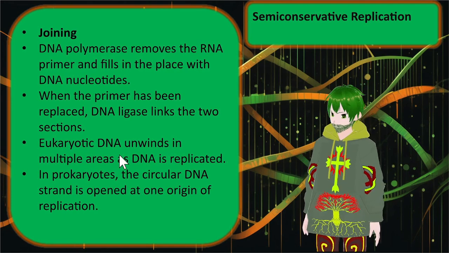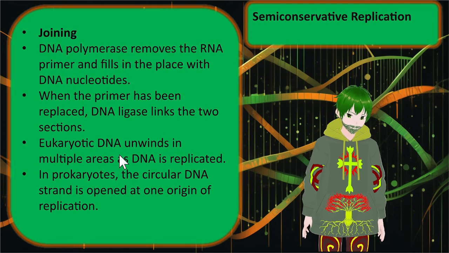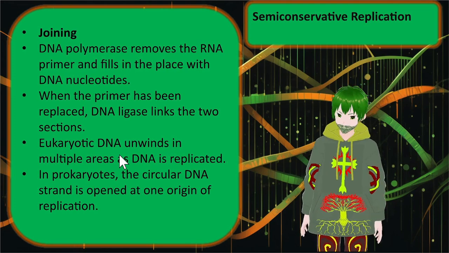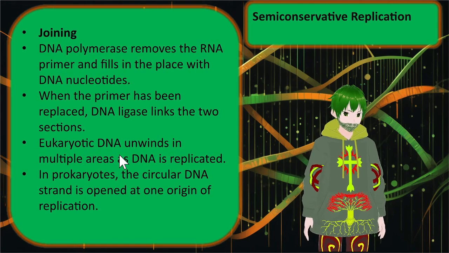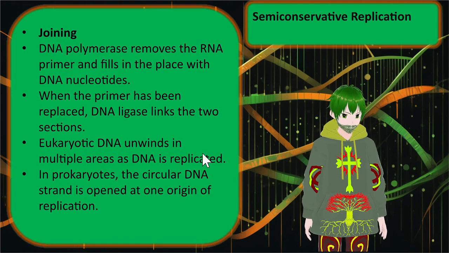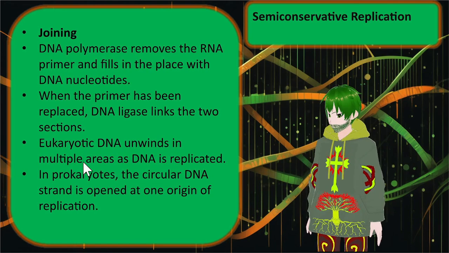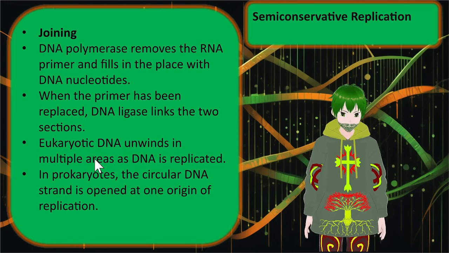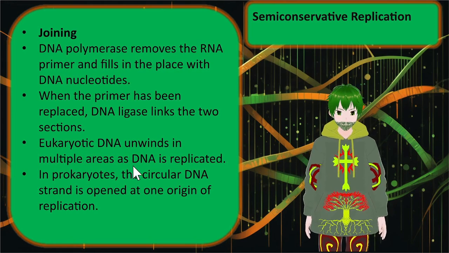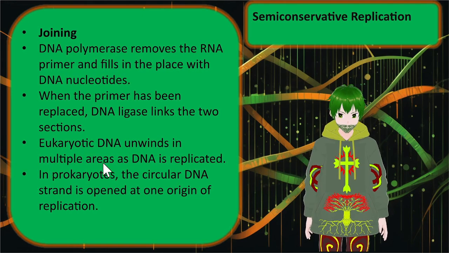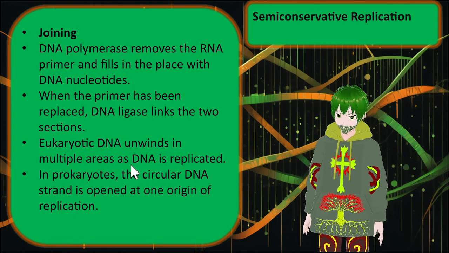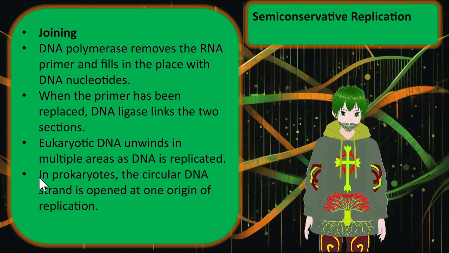The reason for this is if you tried to replicate the DNA of, say, a human from one end to the other, the cell would die before it finished. It would just take too long. So by having multiple replication bubbles form at the same time, you can copy it much more quickly, and then the bubbles eventually merge with each other.